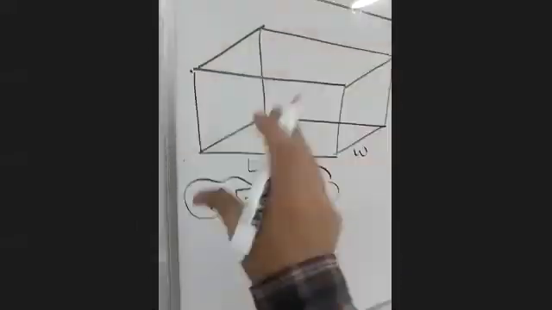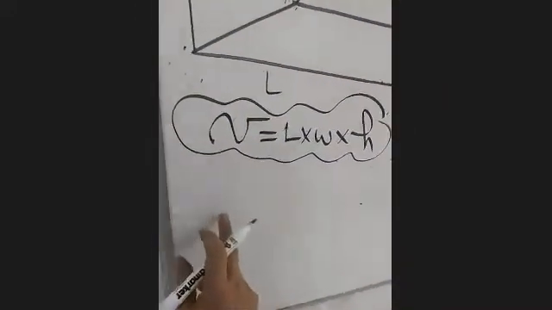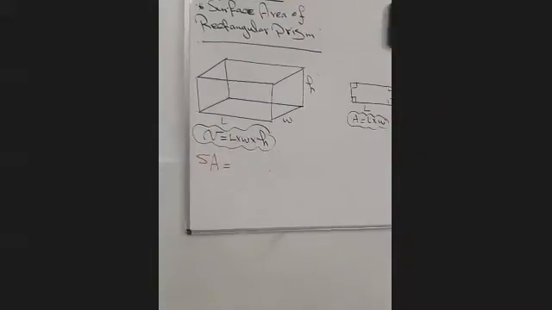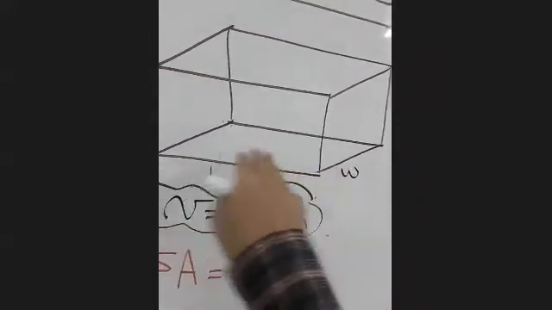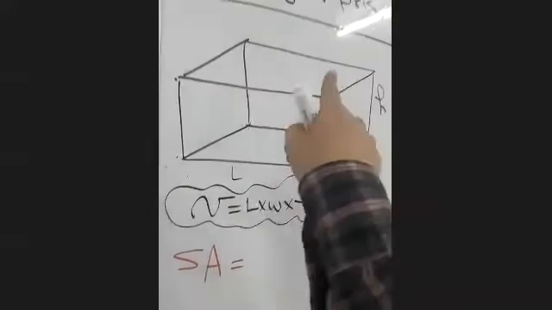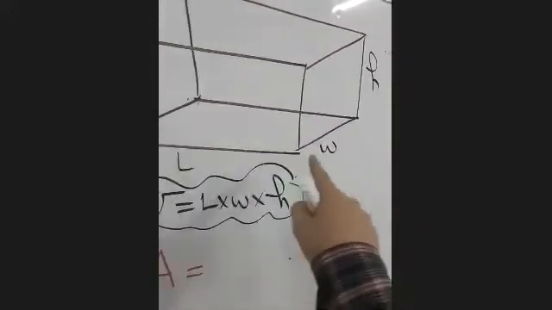Now, to find the surface area of the rectangular prism, I will give you the formula here. Surface area equals. Now, let's start with these 2 faces, the floor and the roof. What's the area of the floor? The floor is a rectangle.